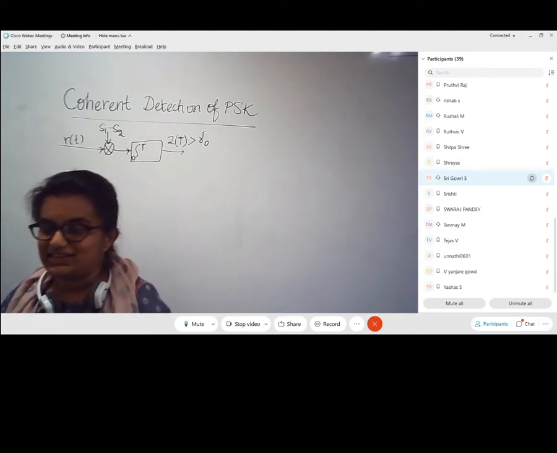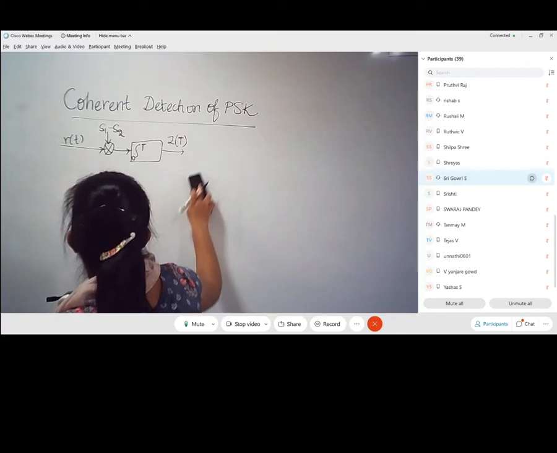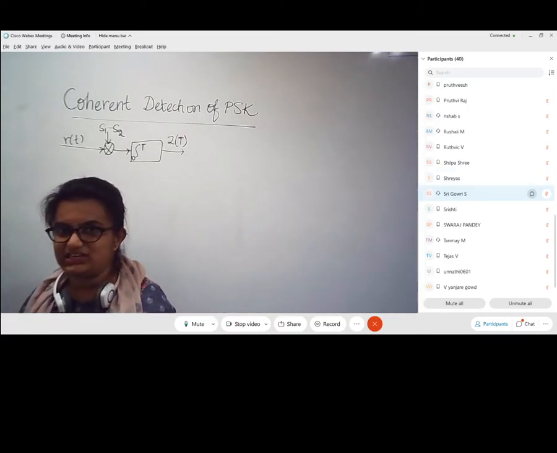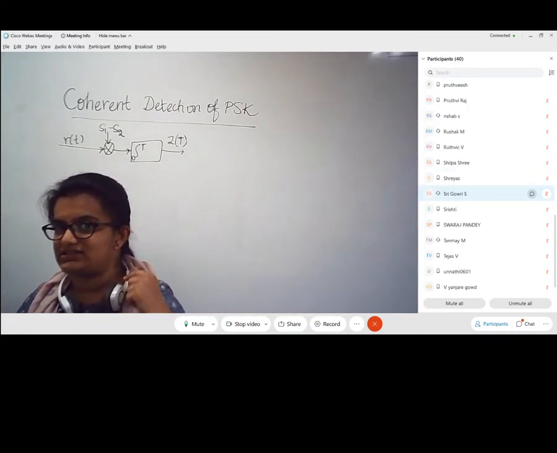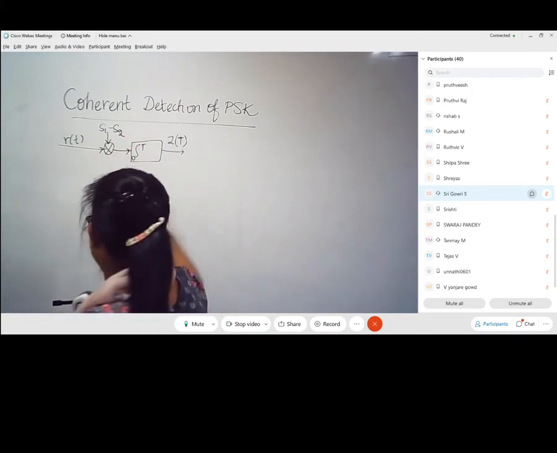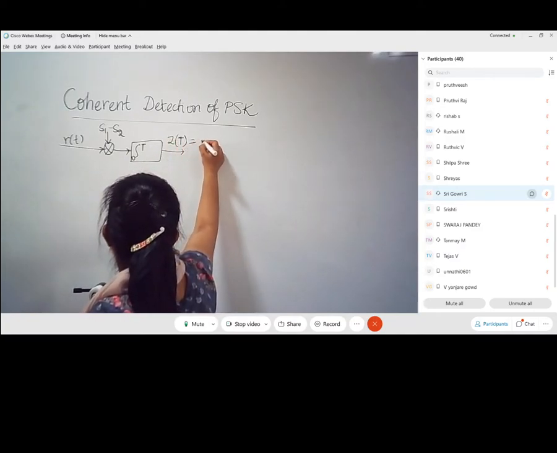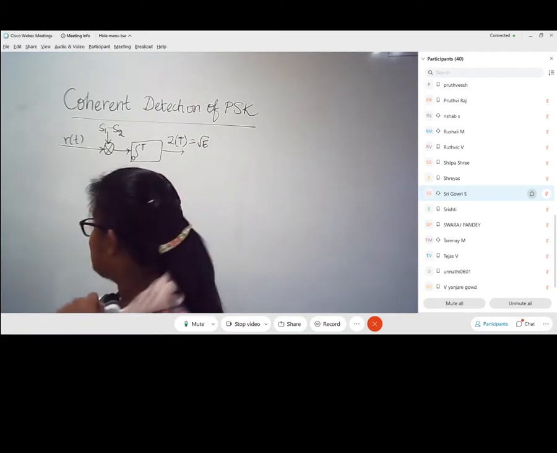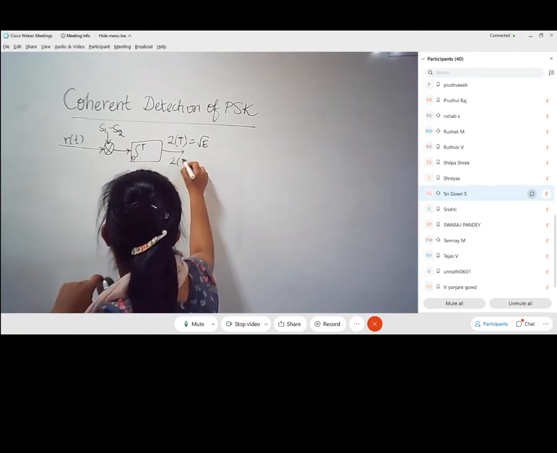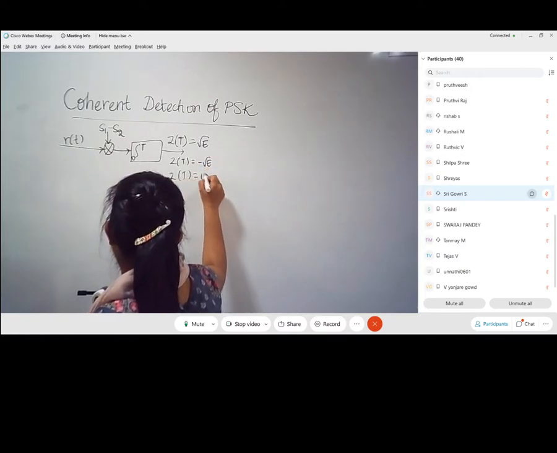So here the case is very simple. Why? Because the Z that we are going to obtain, there are three possible cases to be very frank. That is, Z can be equal to the amplitude of S1, which is root E. The other case is Z equal to minus root E, or Z exactly equal to 0.